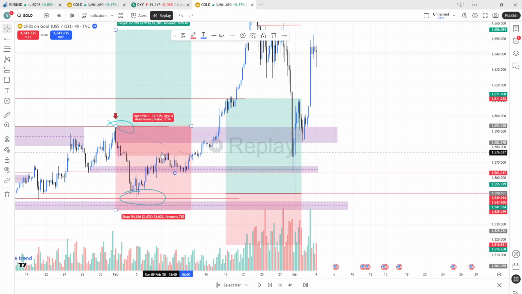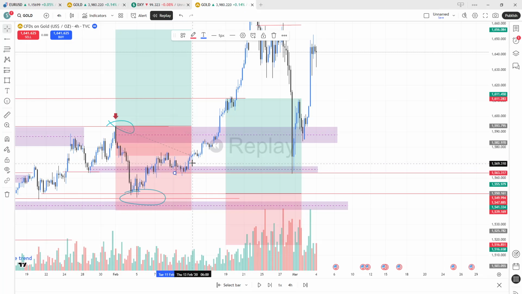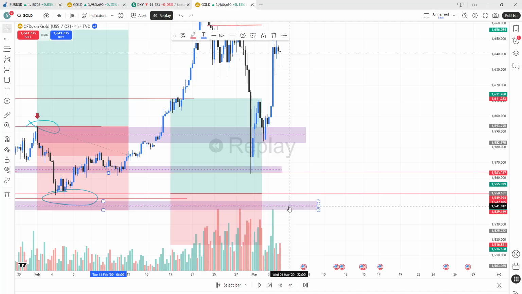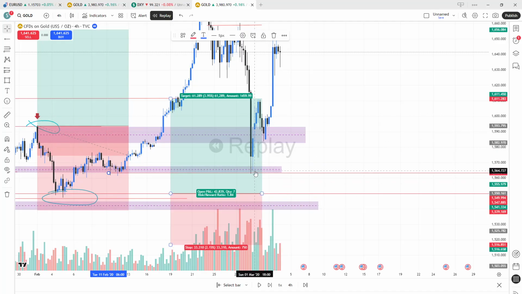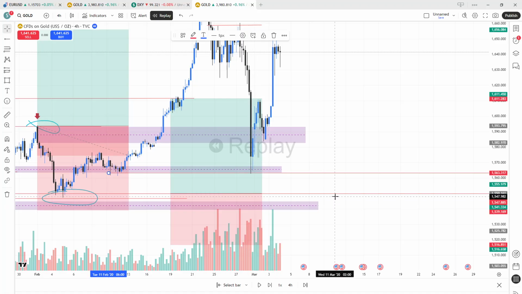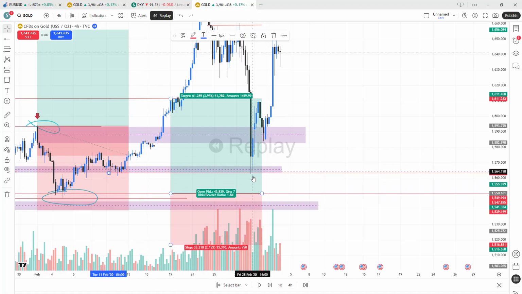This low created this high, created this low, created this high. So this low created this high right before that move, but price came back here and retested that level. So we don't have the internal. I would love to see price come down here and sweep this. We'd have the internal and then the external sweep for that big move.